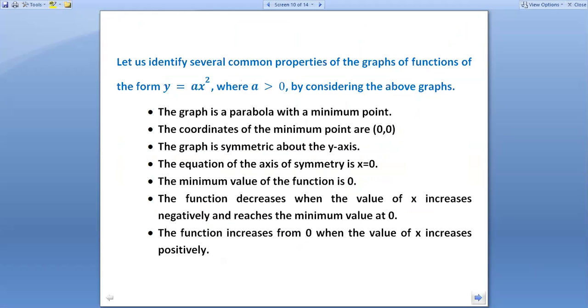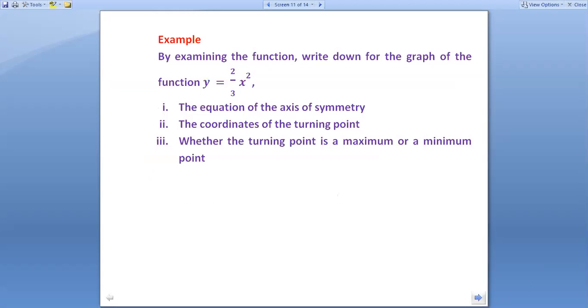The function decreases when the value of x increases negatively and reaches the minimum value at 0. The function increases from 0 when the value of x increases positively. So these are the common properties that you can identify in the graphs of the form y equals ax squared, where a is a positive number.